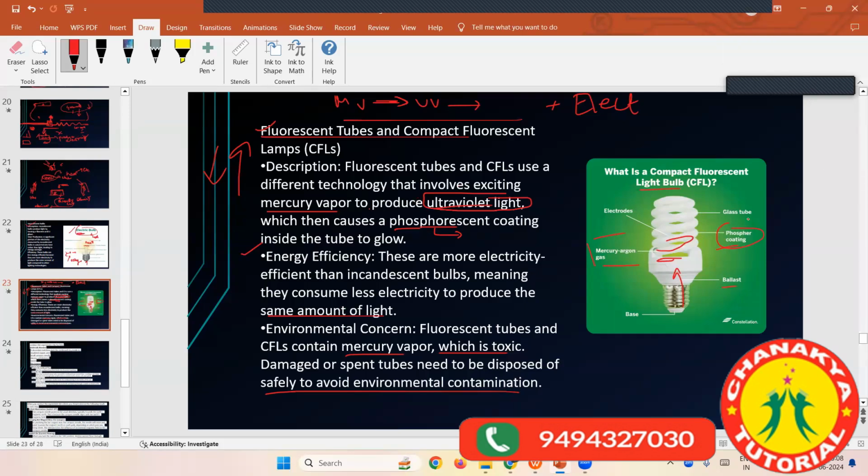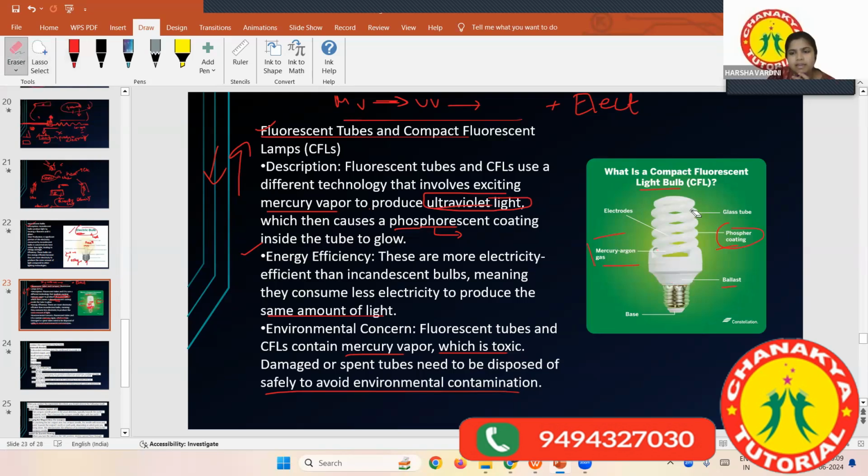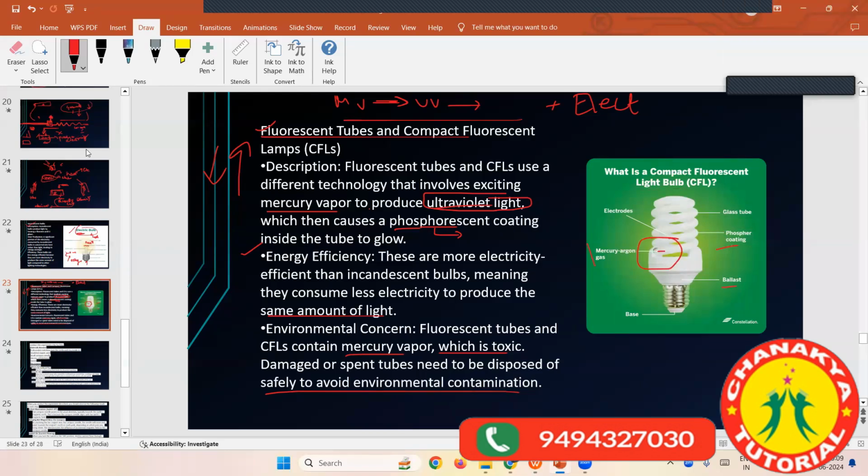Now what is the ballast? You can see here, this is the ballast. Okay, ma'am, are all these mercury vapors present in the ballast? You cannot say that. Maybe when the process starts, it will start slowly emitting, and you can see here mercury gas is present. They have given it. Okay, ma'am.